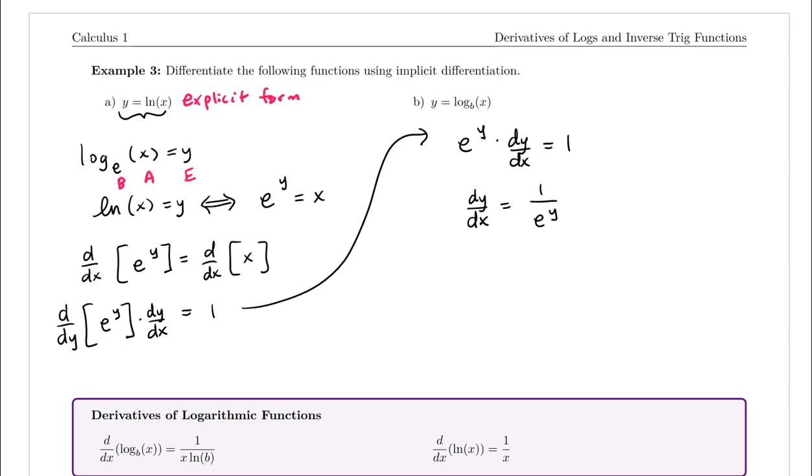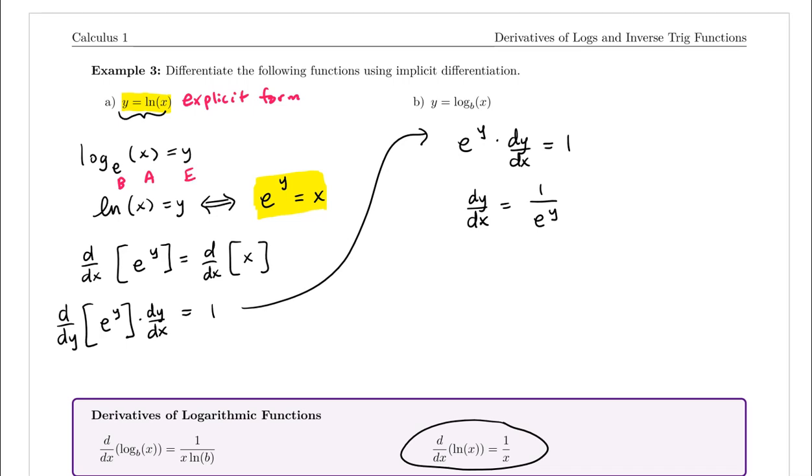Now you might be asking yourself, wait, I thought you just said that the derivative of the natural log of x is 1 over x. Those are not the same thing, but actually, even though it doesn't look like they're the same thing, they are, because if you remember from earlier, x is the same thing as e to the y based on our original definition of the function.